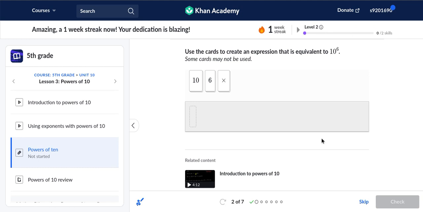It says use the cards to create an expression that is equivalent to 10^6. 10^6 is equal to 1,000,000. We're going to make an equation. 10 times 6.